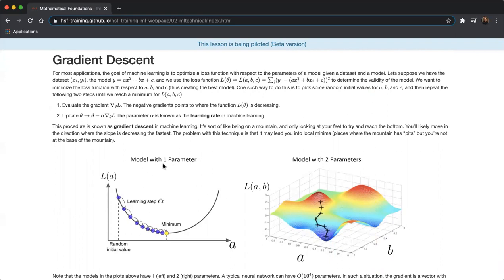In this model with one parameter, it will start with some random initial value. Then steps 1 and 2 are repeated. There's a learning step, and the aim is to get to the minimum of this curve, hence gradient descent. And each step brings you closer and closer to the minimum.